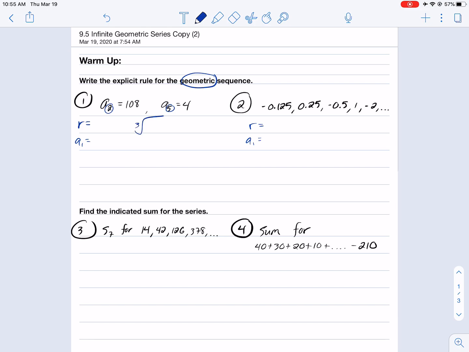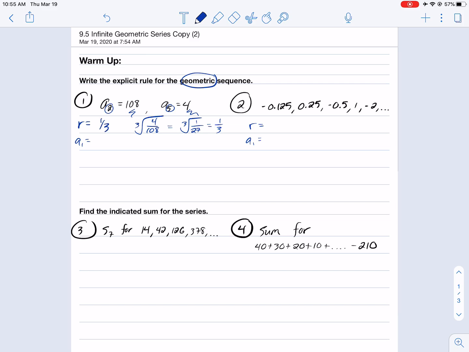That becomes the index in your radical. So the cube root of the term on the right, which is 4, over the term on the left, which is 108, and then just reduce this down and you'll have your common ratio that you were multiplying by to go from 108 to 4. So this simplifies to the cube root of 1 over 27, which is a perfect cube of 1 over 3.